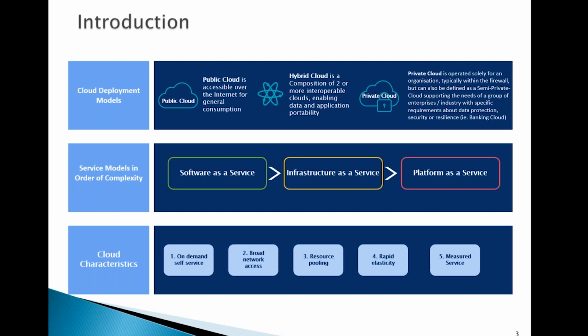He only has control over the deployed applications and some configuration settings for the application hosting environment. A very popular example of this is actually Netflix, which uses infrastructure provided by Amazon Web Services using the PaaS service model.